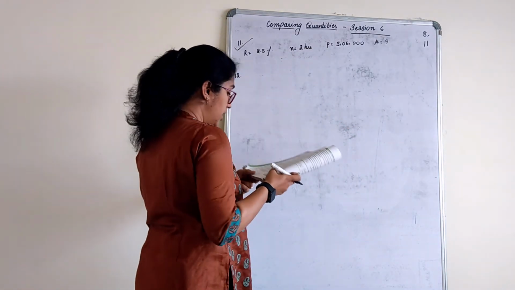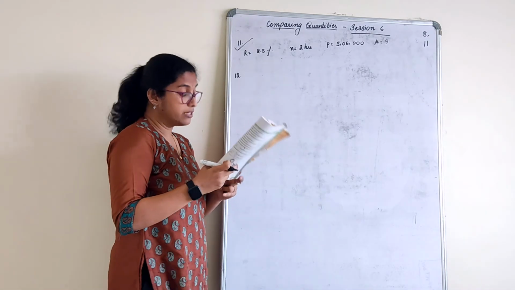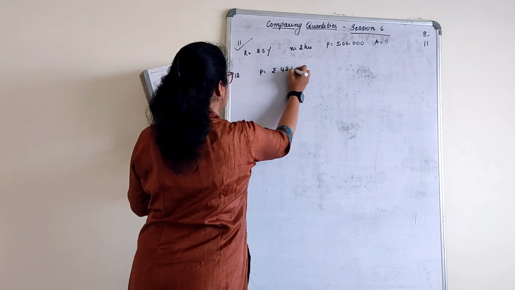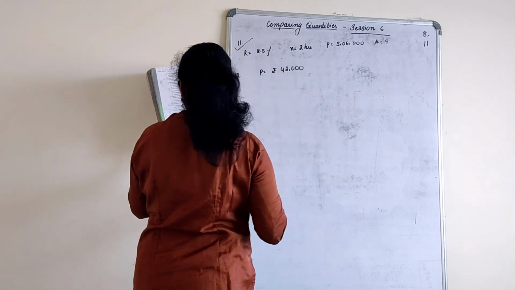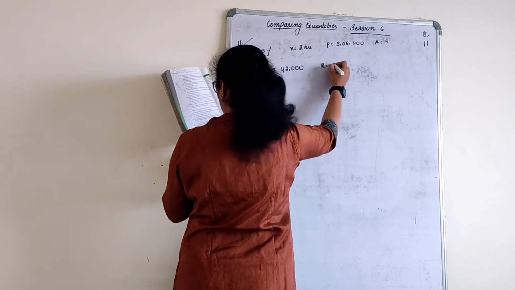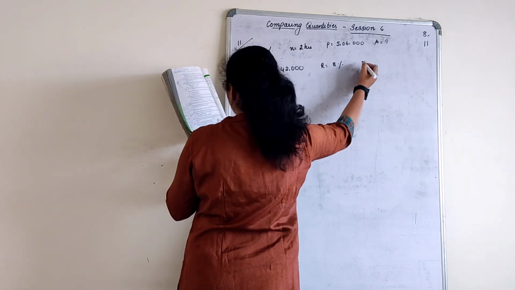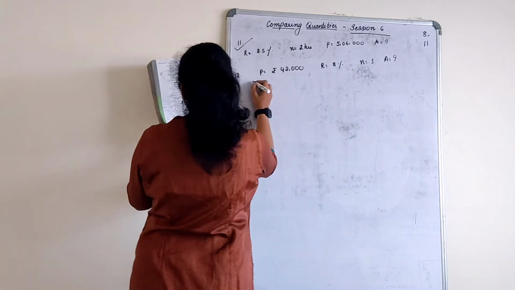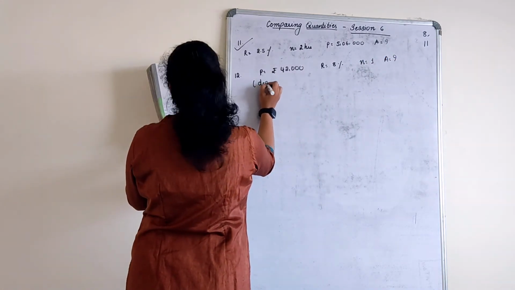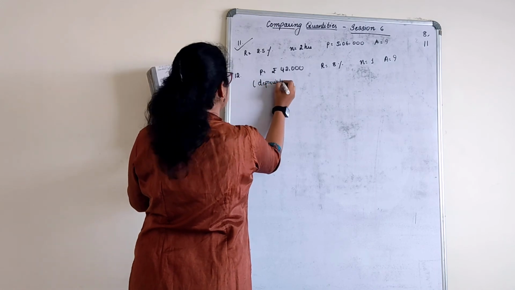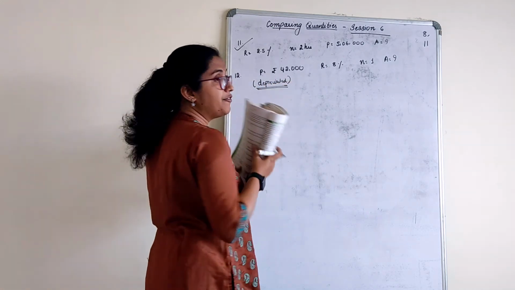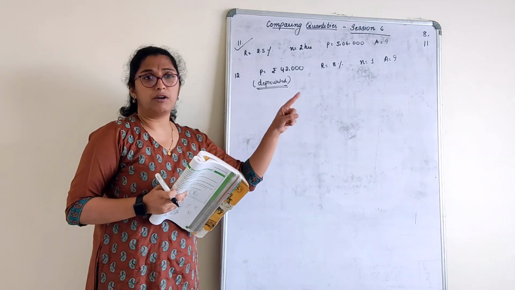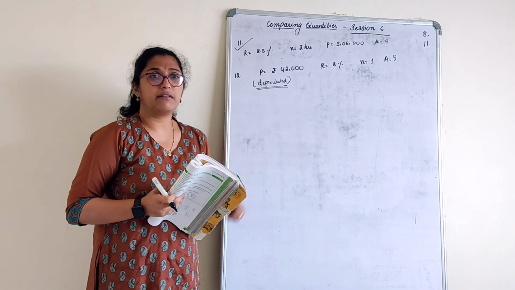12th one. A scooter was bought at rupees 42,000. So principal was rupees 42,000. Its value depreciated at the rate of 8% per annum. Find the value after 1 year. Now, when we talk about depreciation, if it is appreciated, it is the simple compound interest formula: amount is equal to principal of 1 plus r by 100 raised to n.